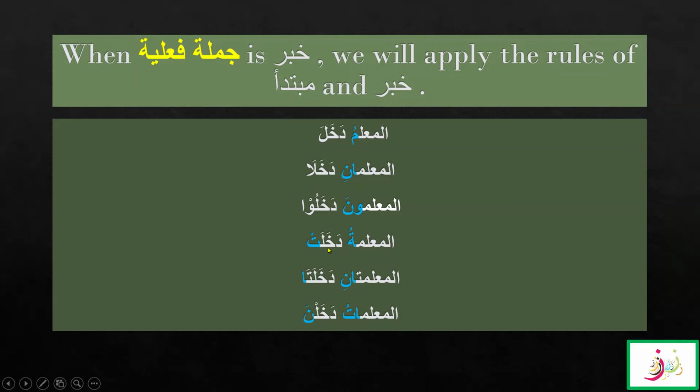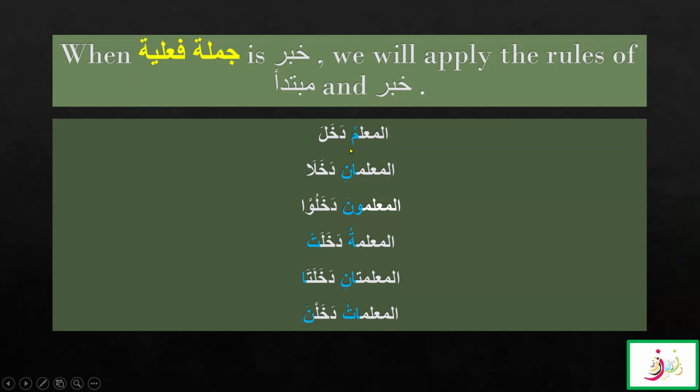And this whole structure is a jumla ismiya because it is starting with the ism. Al-muallimatani dakhalata. Al-muallimatu dakhalna. Dakhalna here because it is the hunna version, so we are using the hunna version of dakhala.